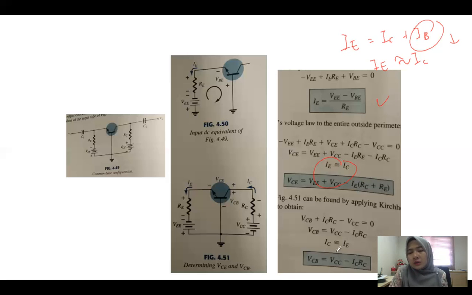When you assume IC equals IE, you will get VCB equals VCC minus ICRC. This is based on the first loop, this is based on the big loop here, and this is based on the second loop here. Okay, all of this is KVL.